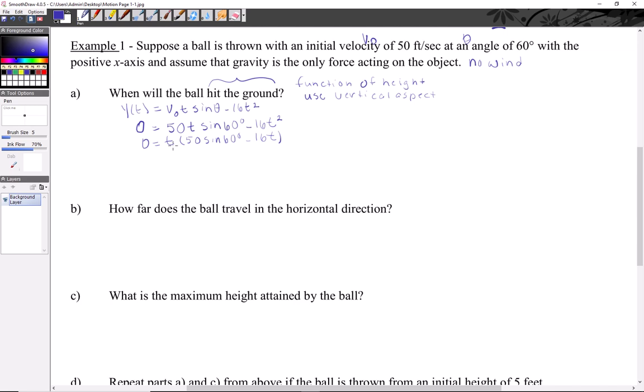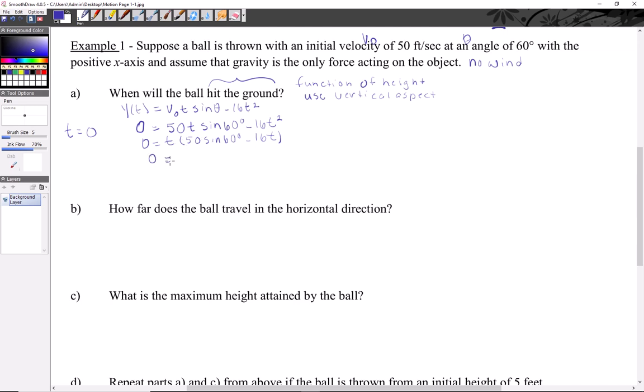All right, at this point you can split this off and set each of those two factors equal to 0. So you automatically know that it'll be on the ground at time 0, which is an interesting solution, except it's really not, and no action has taken place. So that's kind of a superfluous answer, but we can just go ahead and work with the other factor.